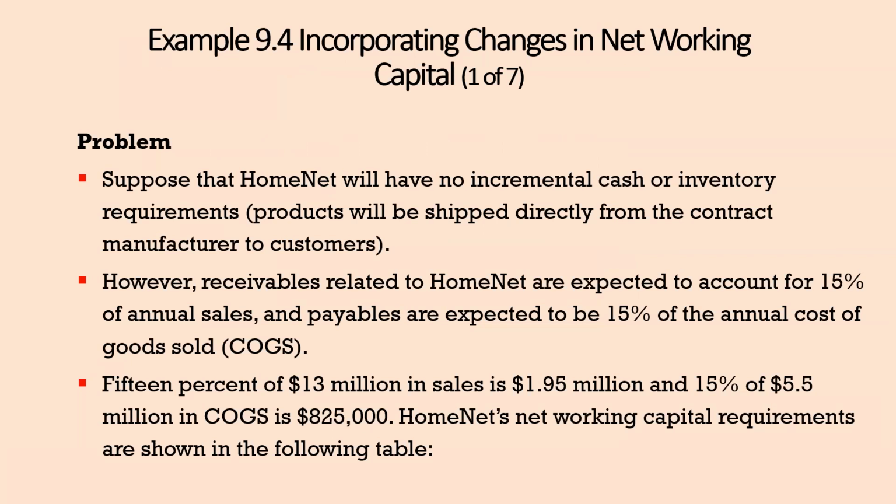However, receivables related to HomeNet are expected to account for 15% of annual sales, and payables are expected to be 15% of the annual cost of goods sold. 15% of $13 million in sales is $1.95 million, and 15% of $5.5 million in cost of goods sold is $825,000.